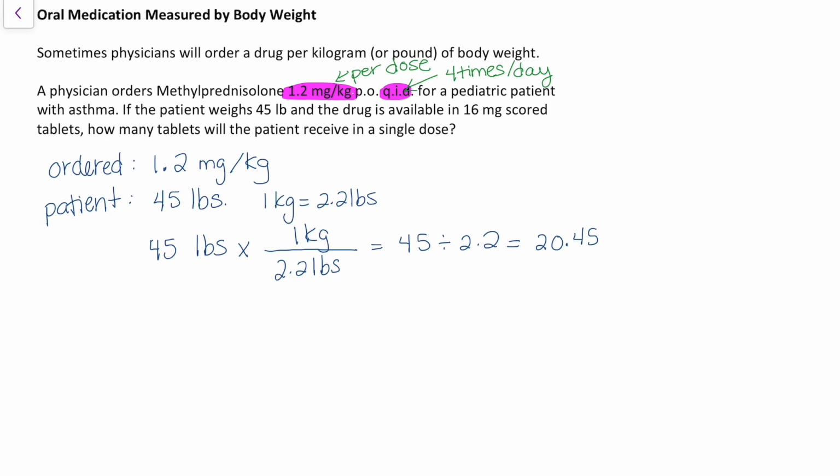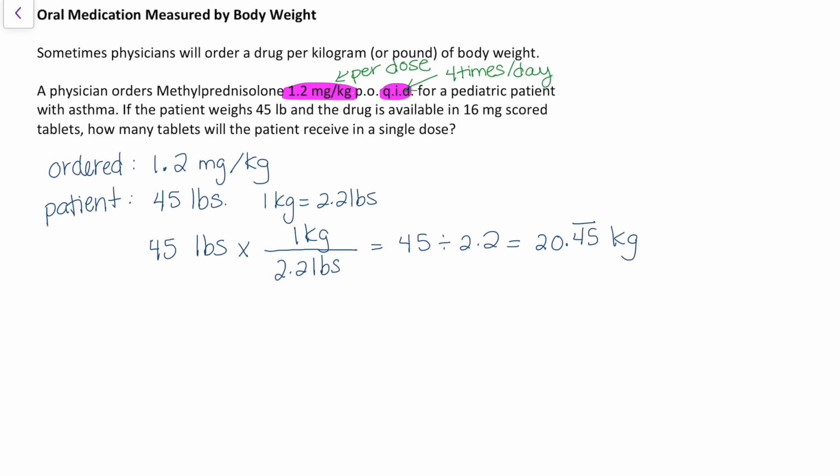And I'm not going to round that answer. We don't want to round because that is going to change our answer next. So we want to keep the whole number until the very end.